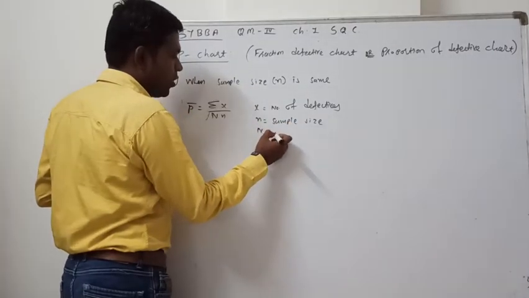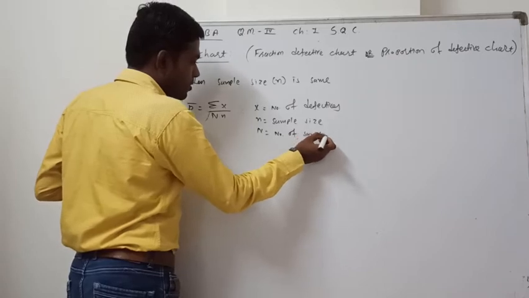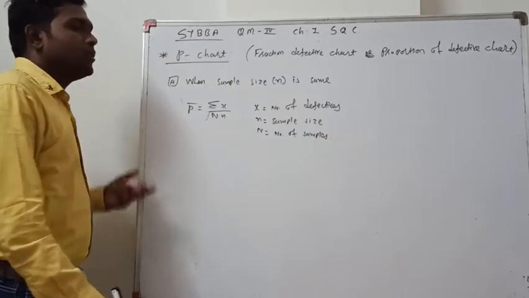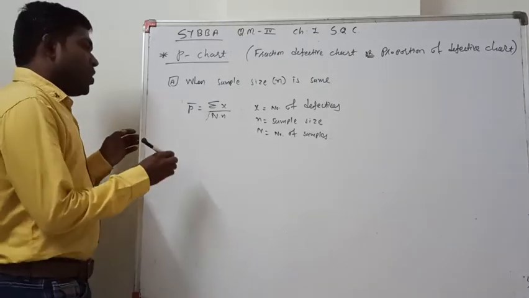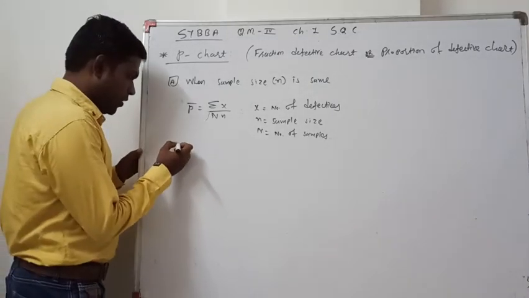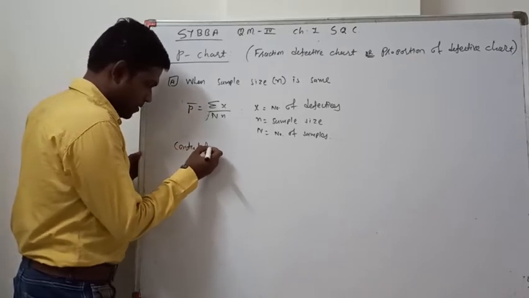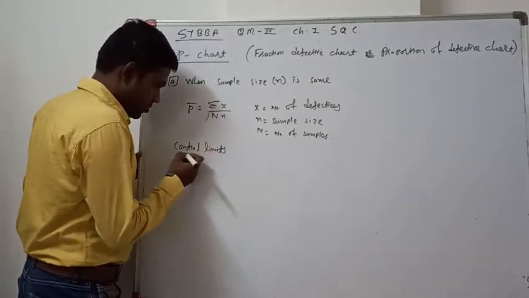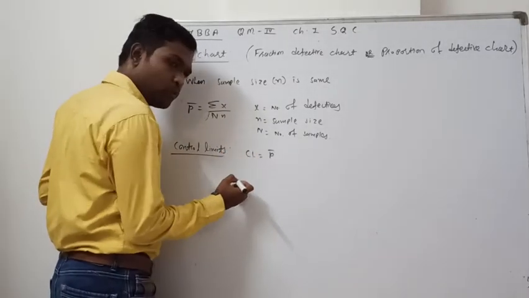And capital N means number of samples, which is given in the question. Either it will be 10, 15, 12, whatever. Now we have to find control limits. First we have to find the central line, that is equal to P bar.